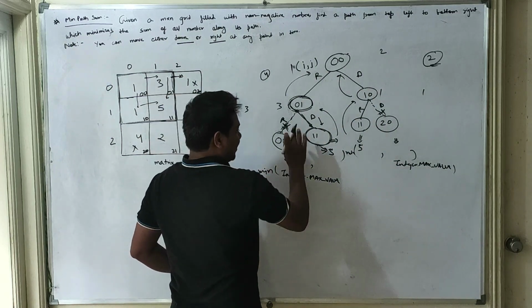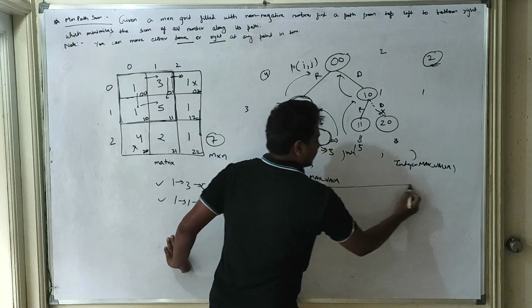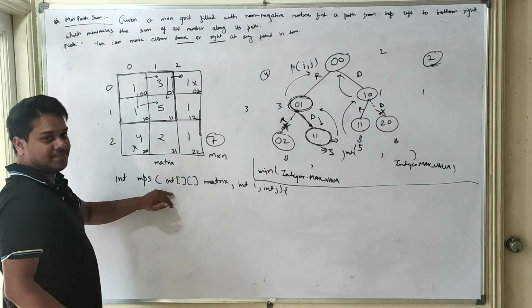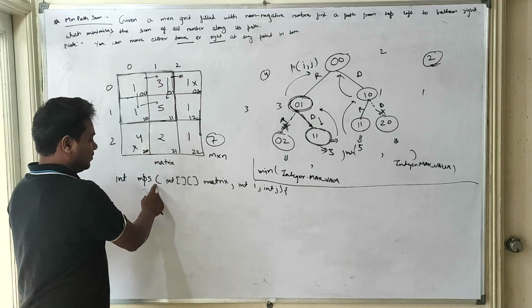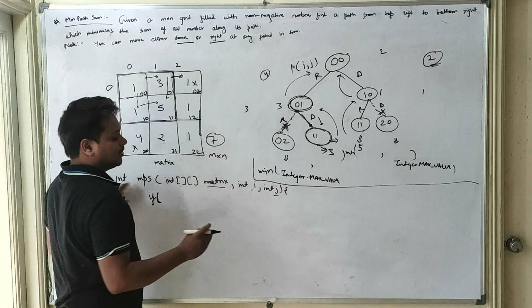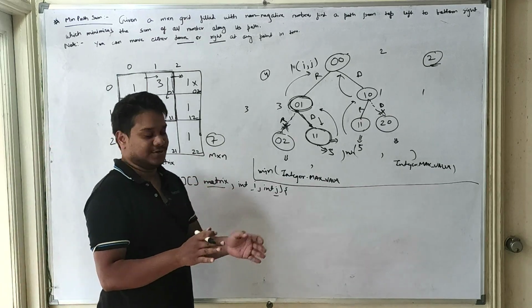So we'll quickly write both the boundary conditions. So this is our method, minimum path sum. So we are passing the matrix, and then i and j are the value of the current state.